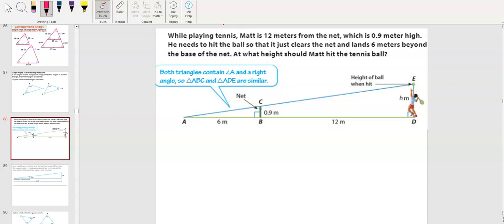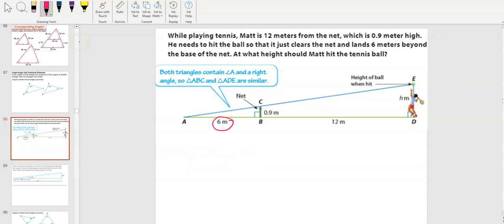So again, proportional means that the measurement of the side of one of my triangles compared to the measurement of the side of my other triangle should be the same for all three sides, whatever it may be. Okay, so we're looking at ratios or similar ratios. I'm going to circle the things that I know.